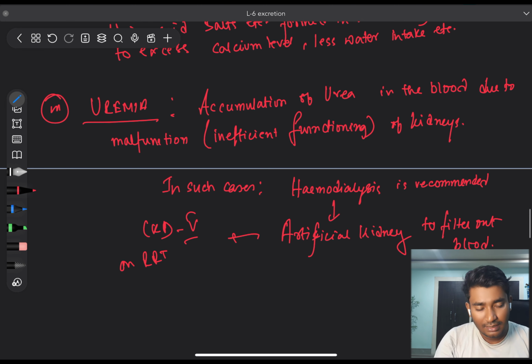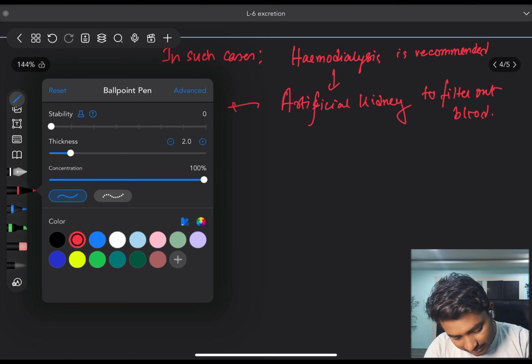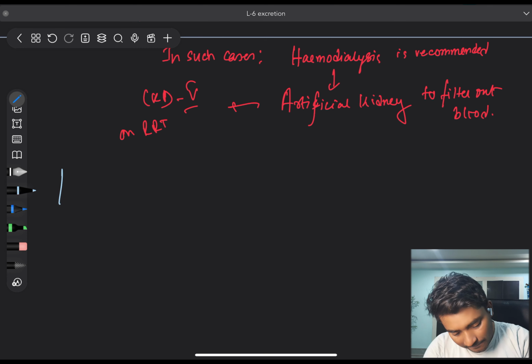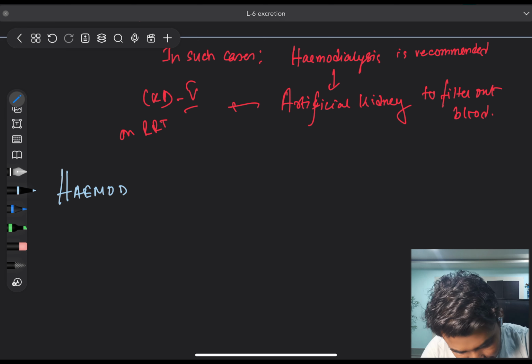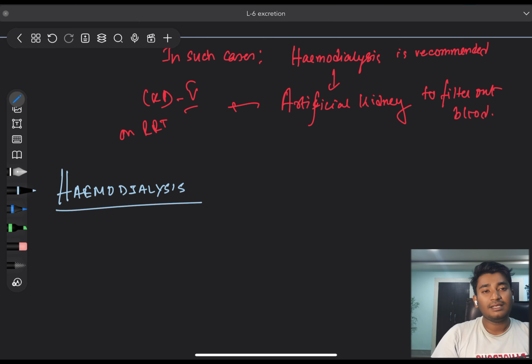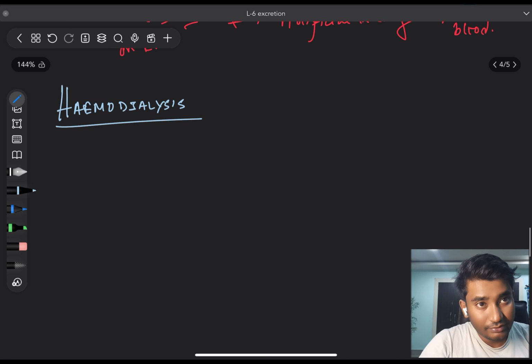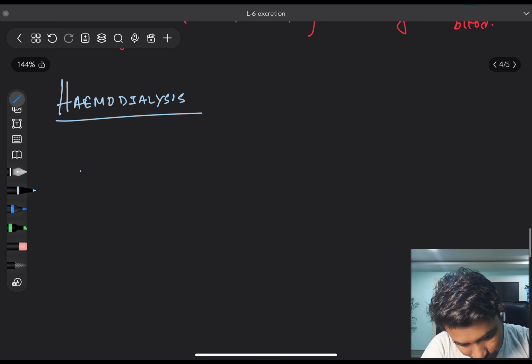The last part is hemodialysis. What is hemodialysis? I am drawing a few steps here. Please try to understand it.